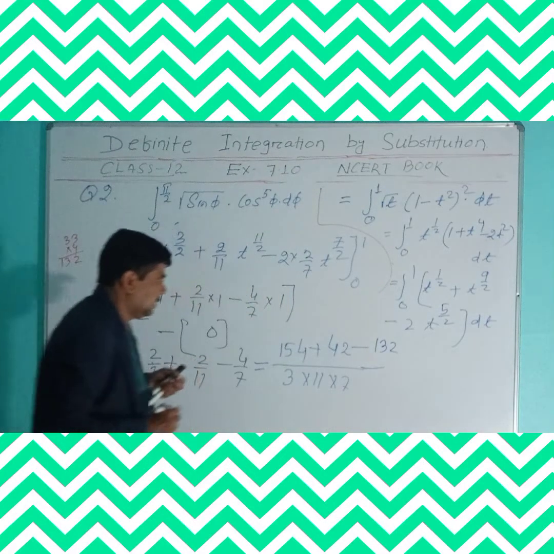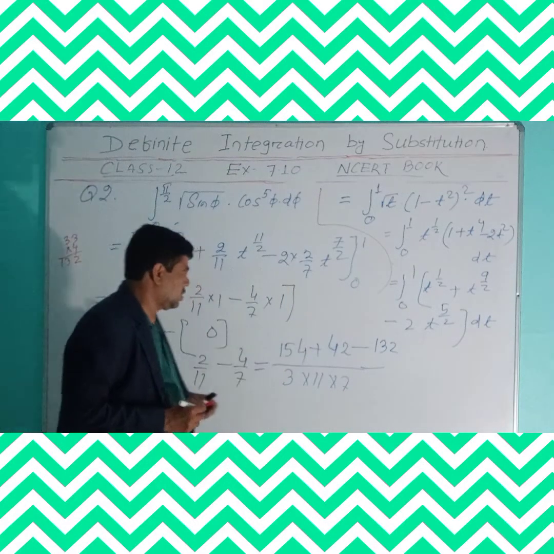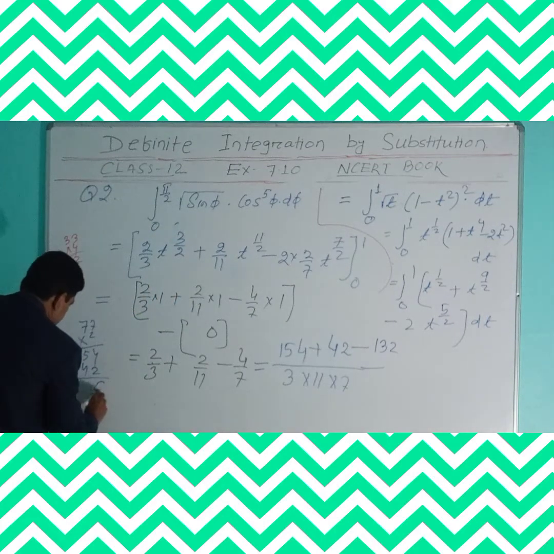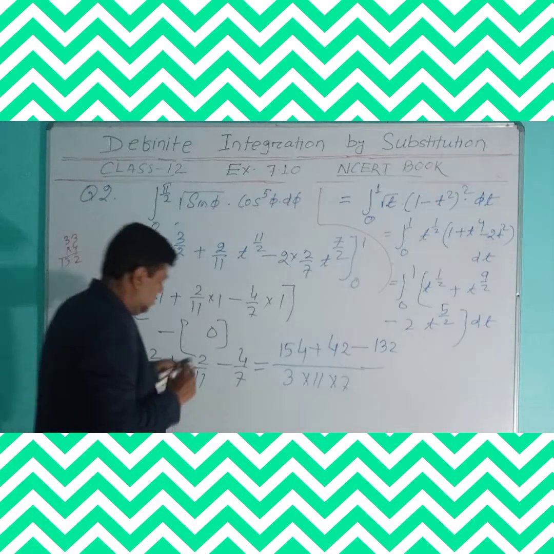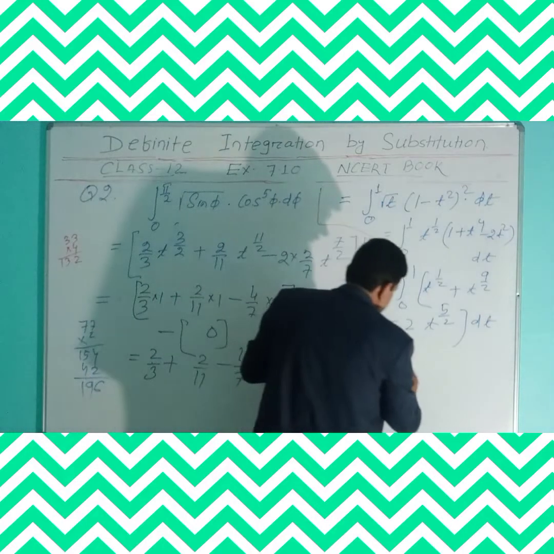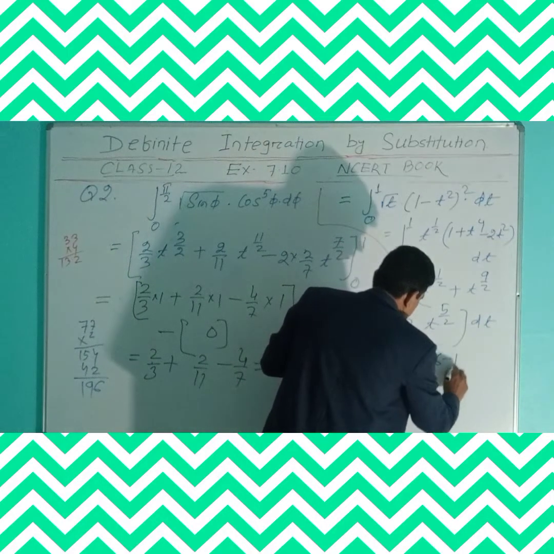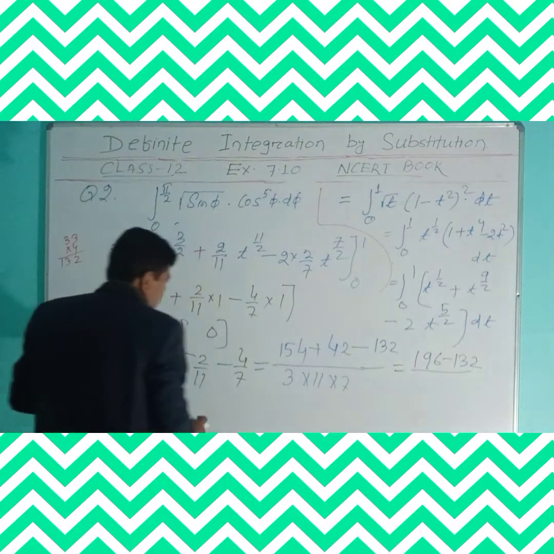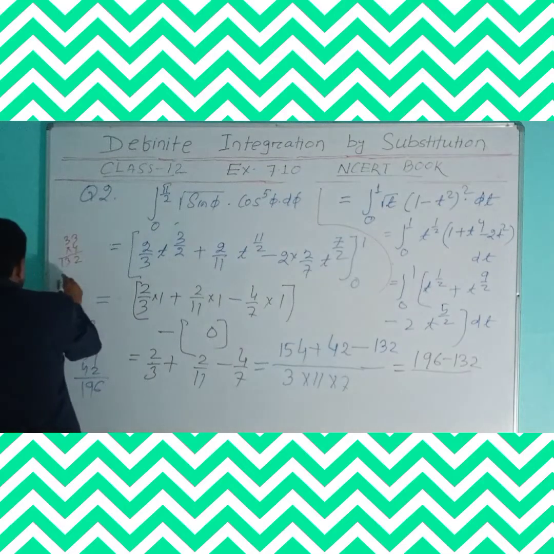Okay. Now you can add 154 plus 42. It will be 196. Okay, this is 196. 196 minus 132 upon, you multiply 11 into 3 is 33, into 7. 7 threes are 21, 2 carry, 7 threes are 21 plus 2, 23.